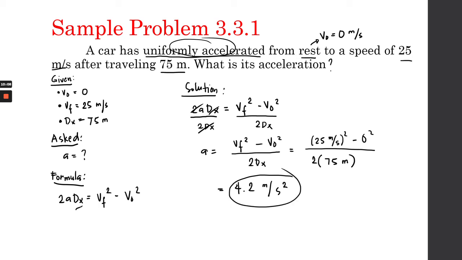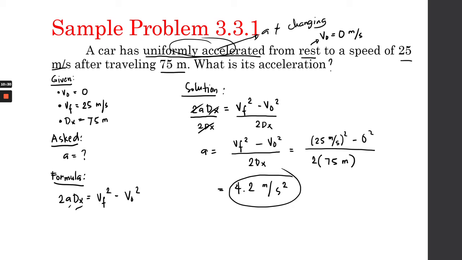You can also solve for dx if they give you the acceleration instead. So you can use this equation when you have uniform acceleration, so the acceleration is not changing. Okay, and this is only for straight line motion because this is still kinematics of translation.